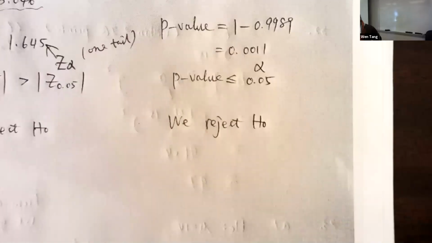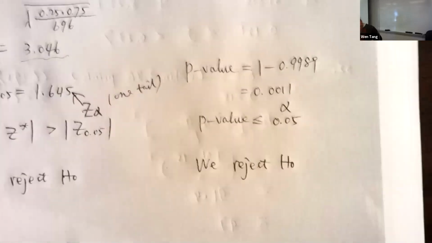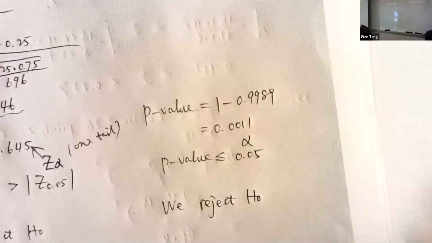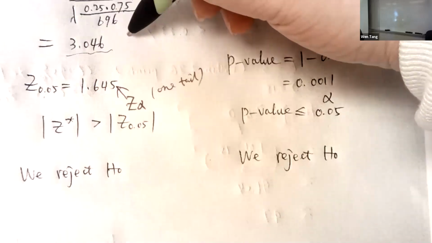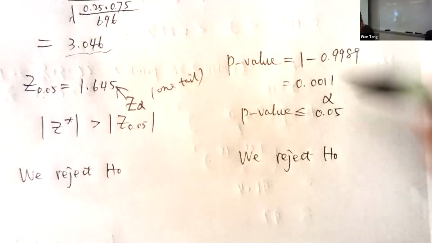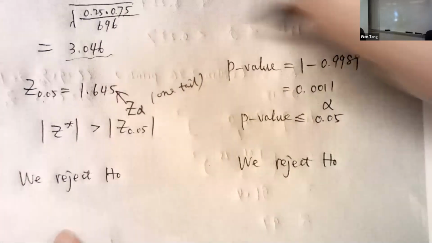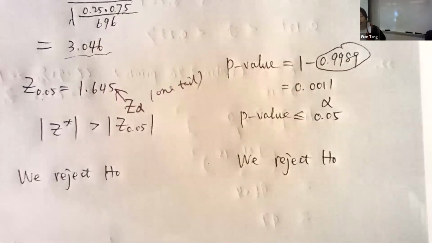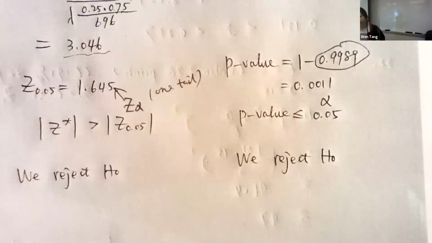Of course, we could always use the p-value method, because the p-value method is equivalent to the critical value method. If we use the p-value, we're going to use this Z to check the area. And this 0.9989 is the area directly from your table. But remember, we are doing the right tail test, so we are actually interested in the right tail.